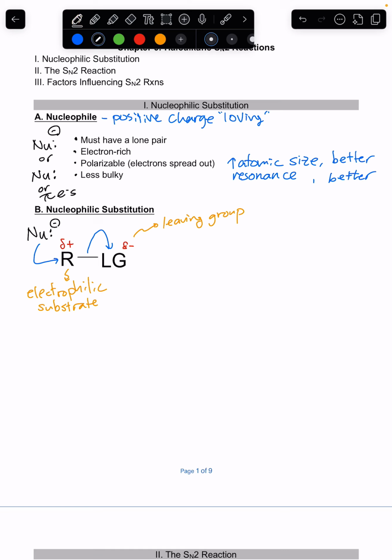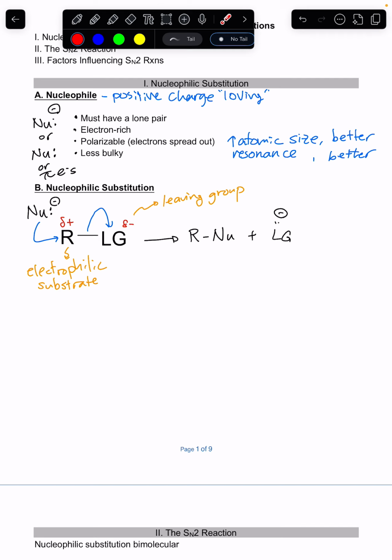Electrophiles are typically positively or partially positively charged, and they want something that's electron rich. That's why it's an electrophile. Now the nucleophile is attached to that R carbon, and the leaving group gets those 2 electrons from the bond. That's where the extra lone pair comes from, and that's a typical nucleophilic substitution reaction.